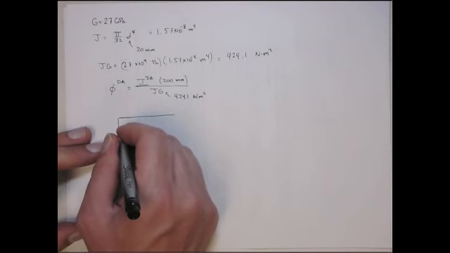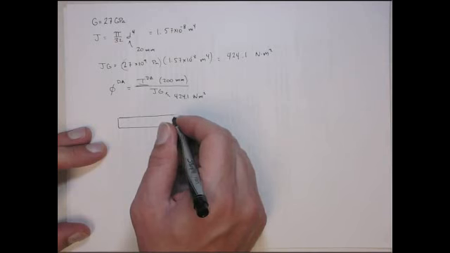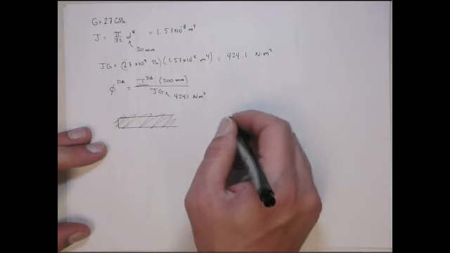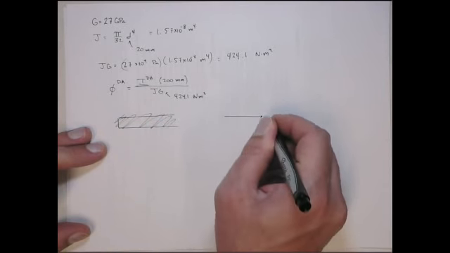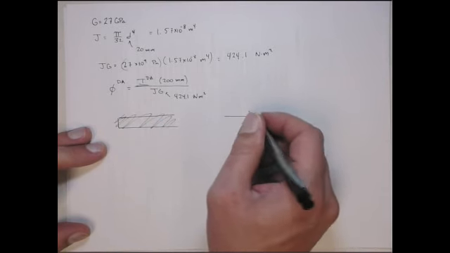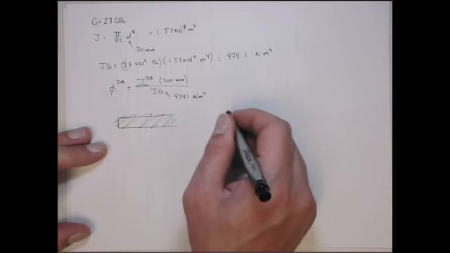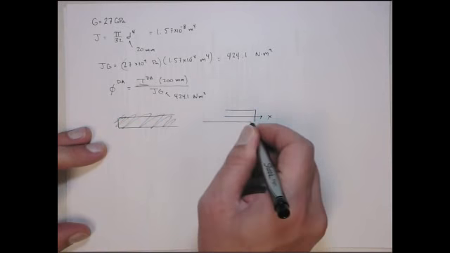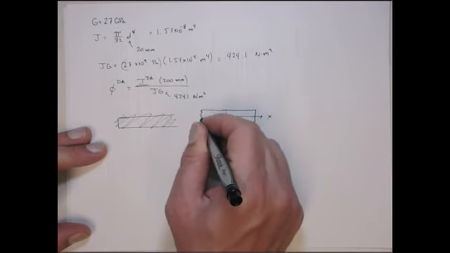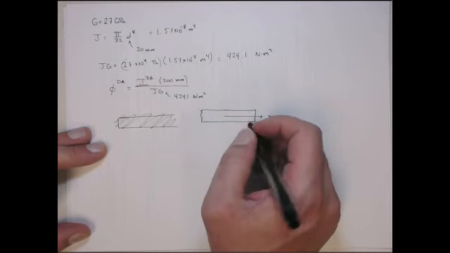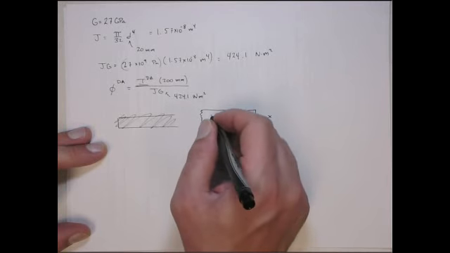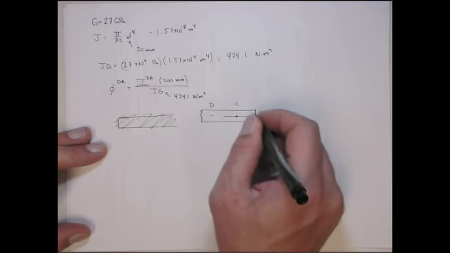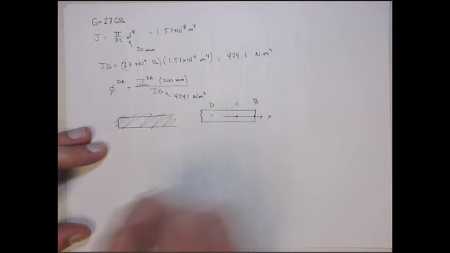Let's draw the positive x direction going this way. Here's the cut, which needs to be past D. Here's point D, and we also have points at C and B.